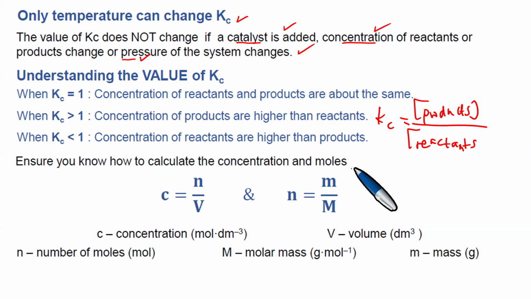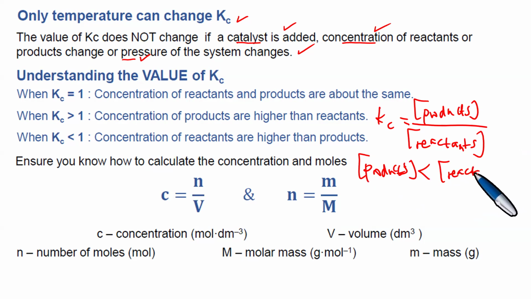If the Kc is smaller than 1, that would mean the concentration of the products is much less than the concentration of the reactants.